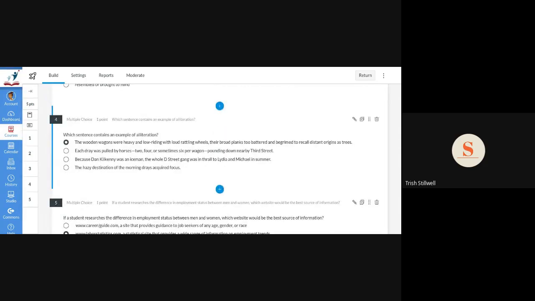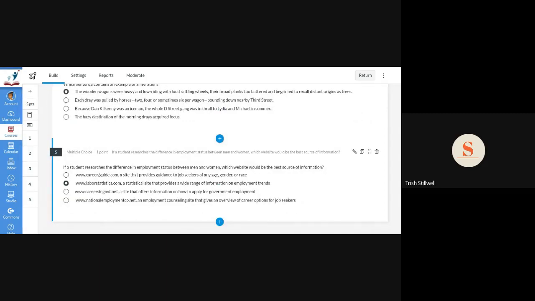Number 4, which sentence contains an example of alliteration? The wooden wagons were heavy and low riding with loud rattling wheels. That W sound, the alliteration is repeated beginning sounds. The wooden wagons, wheels, that is repeated.